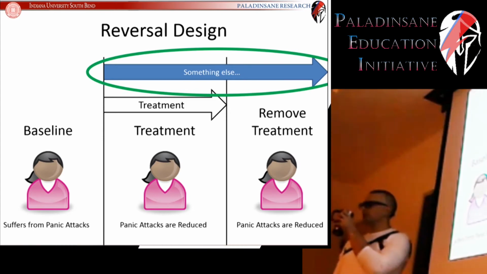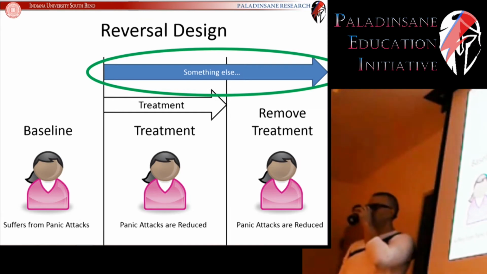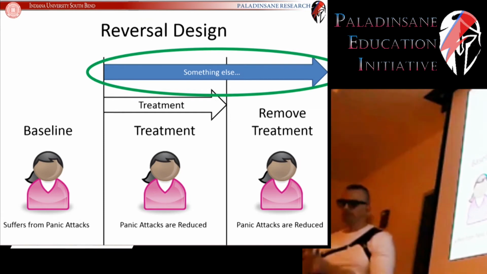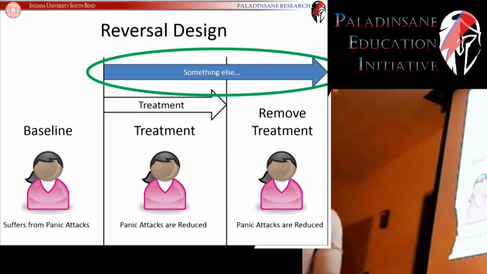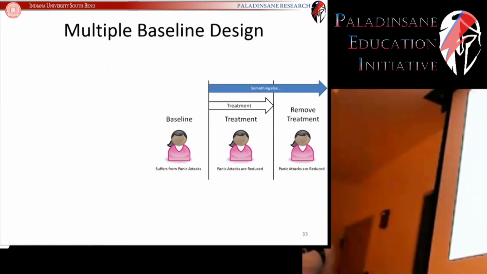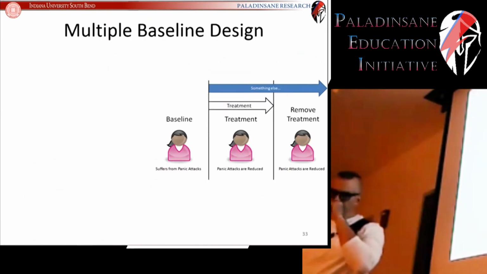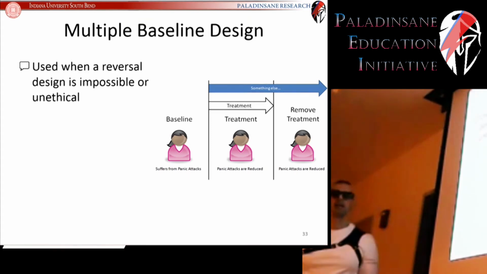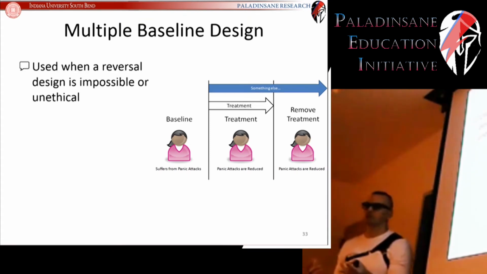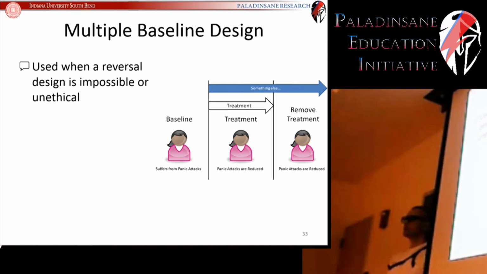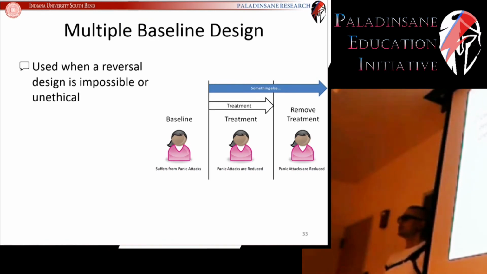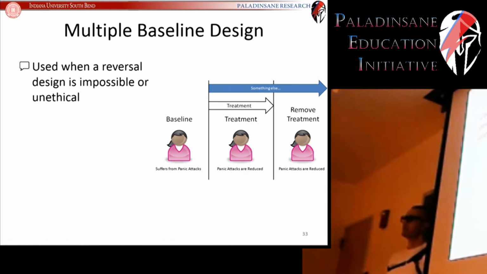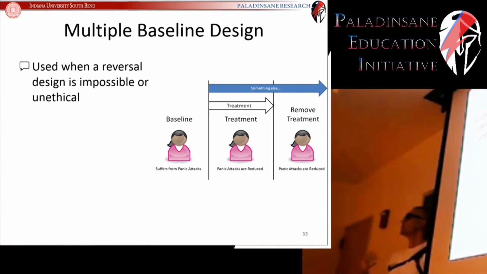All right, so any questions about the reversal design? Make sense? Okay. The other design that's very widely used, other than the reversal design, is called the multiple baseline design. And this is when a reversal design is either impossible or unethical. So sometimes there are certain changes that cannot be reversed.